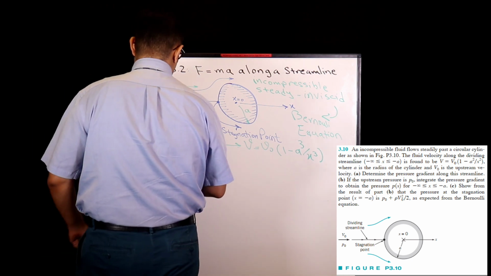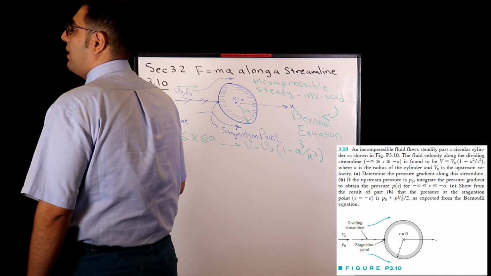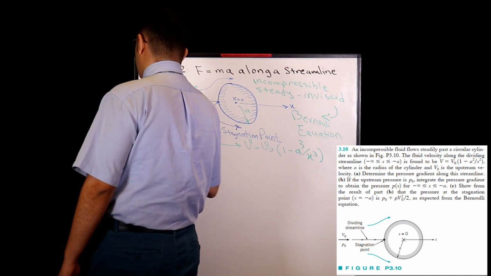For part A, it wants us to determine the pressure gradient along a streamline.